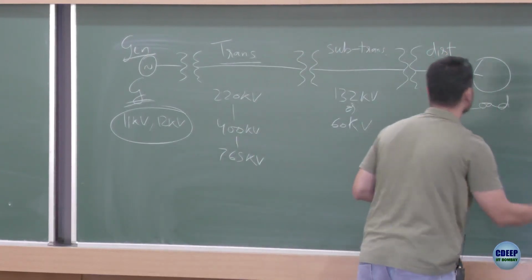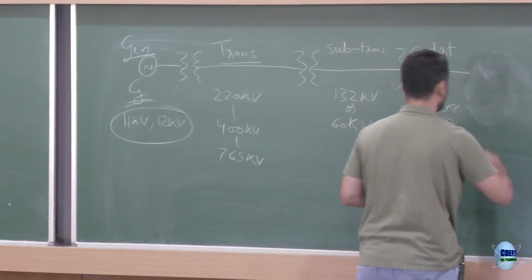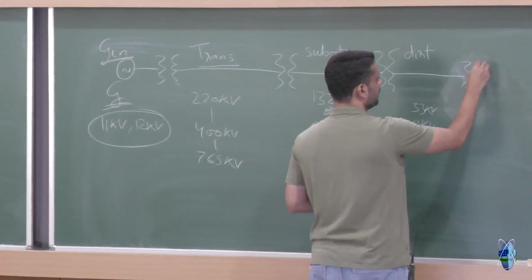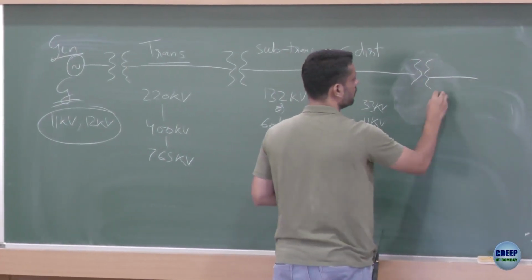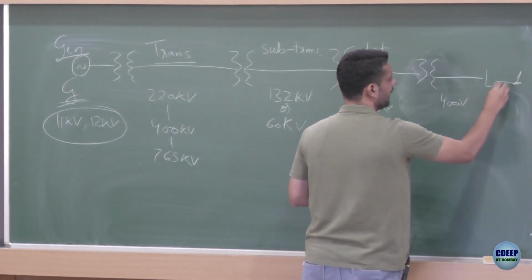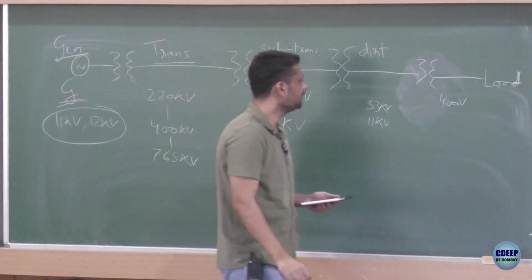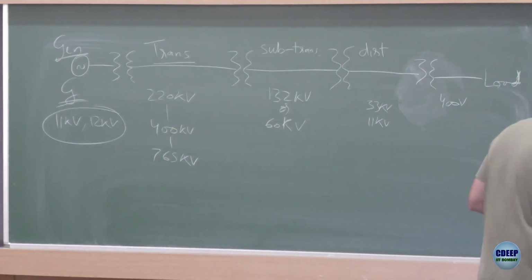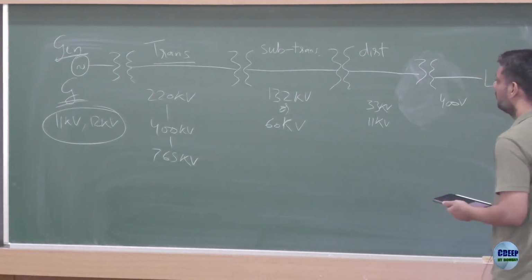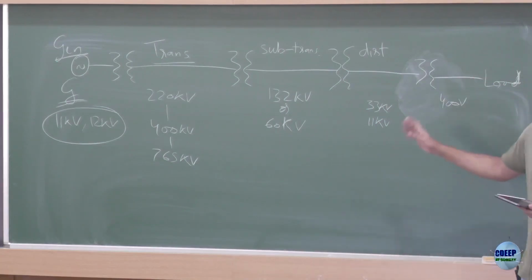And then further that 33 or 11 kV gets stepped down to 400 volt and goes to the load as 3-phase or as single-phase 230 volt supply, right. These are some of the popular voltage levels that exist, and it depends, some other countries may have a few other voltage levels.